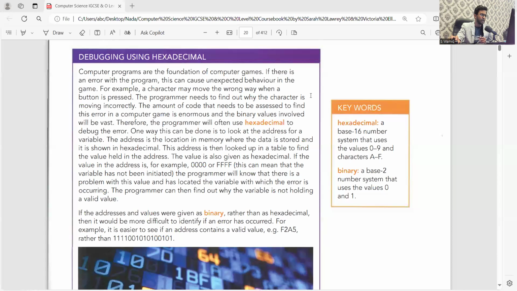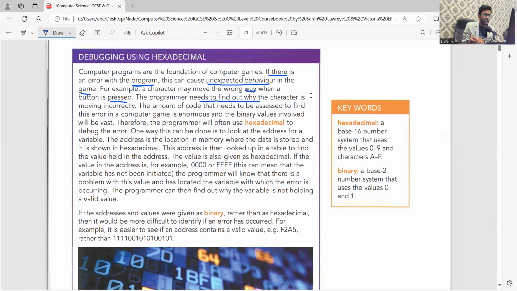So basically, if there is an error within the program that can cause unexpected behavior in a game, for example, the character might not move or the key is not being pressed, the programmer needs to find out why this is happening, what is the reason.